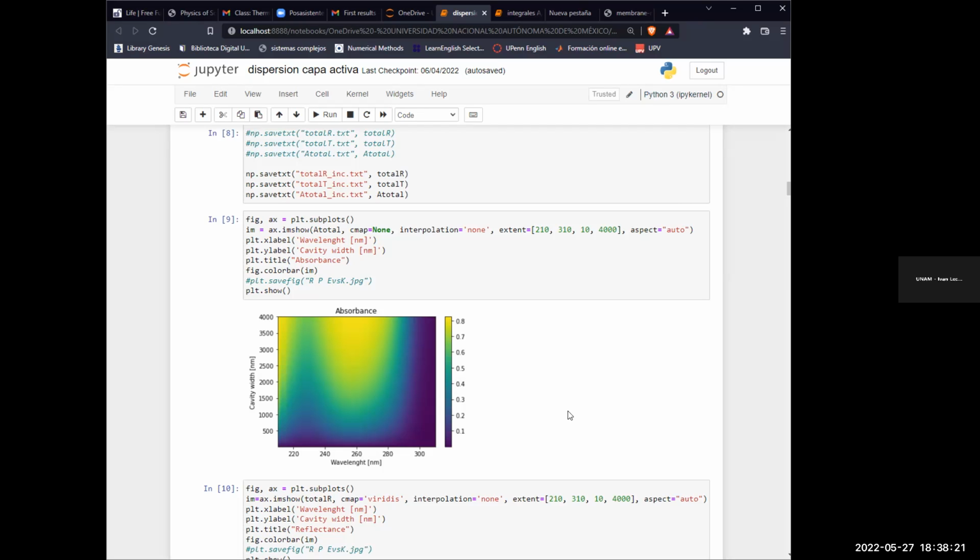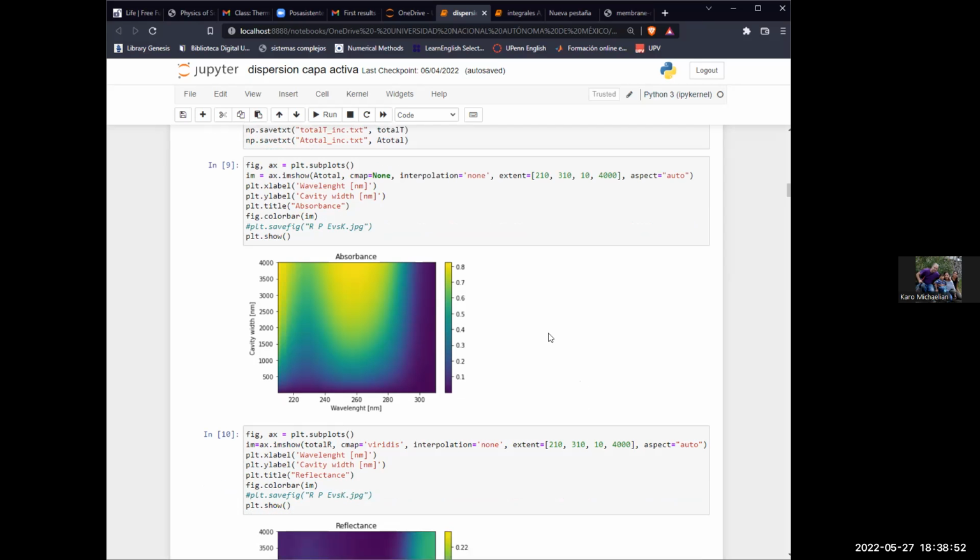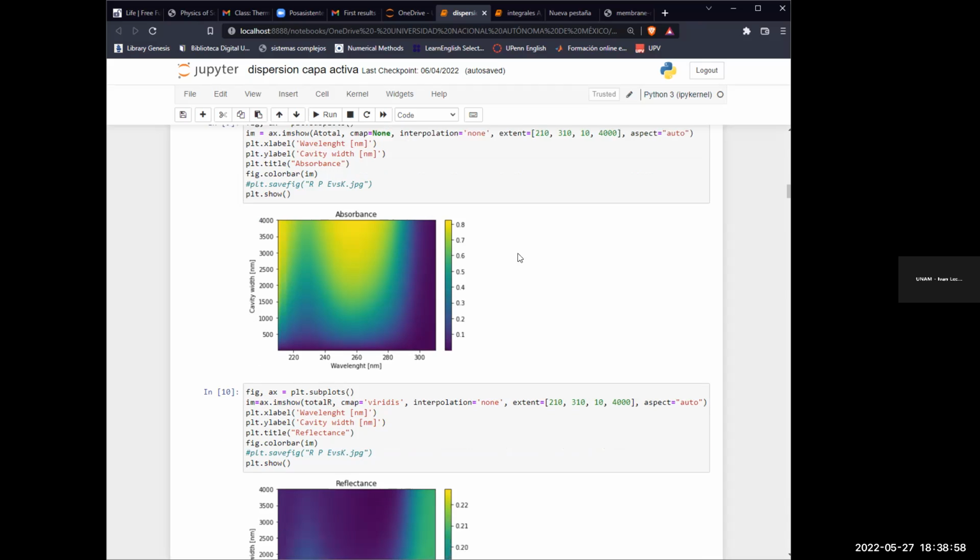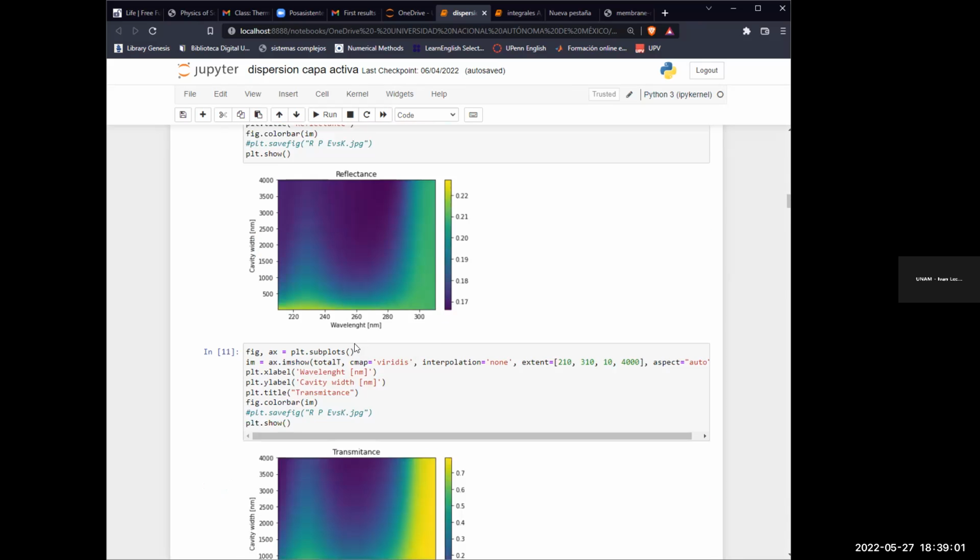And since we are proposing that DNA is a dissipative microstructure, we can say that this cavity, the cavity formed by the vesicle, gives the system what it needs to absorb and dissipate even more light. So the greater the better, no? The greater the size of the cavity, the greater the absorption. And I did the same for reflectance and transmittance.